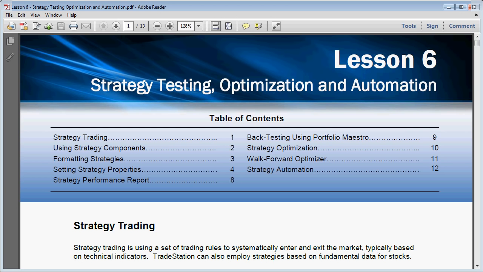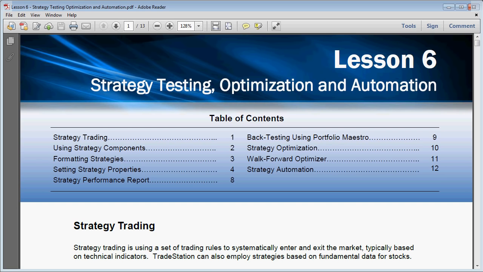All right. In this class, we're going to introduce strategy trading, what it is, how you can use it, and some of the strategy components that are part of the platform. We'll help you format strategies, set all the properties for the strategy, look at the performance report, and backtest using Portfolio Maestro, which I said we're not going to go into a lot of detail, but I'll show you some resources that you can use to learn about that tool.